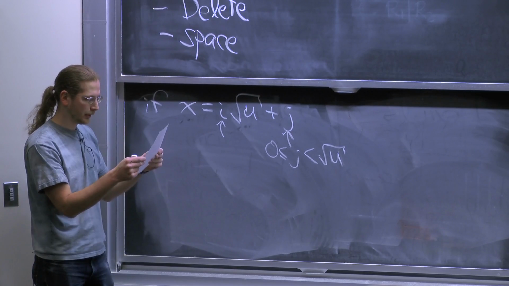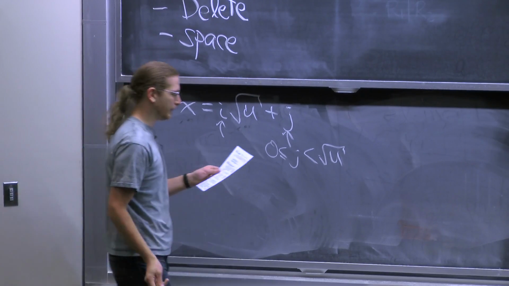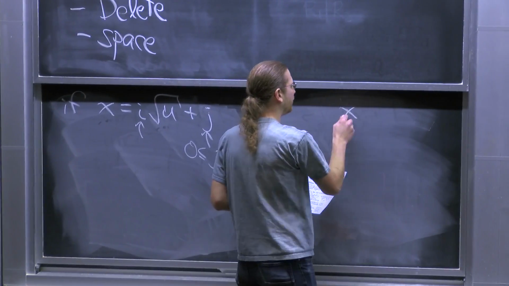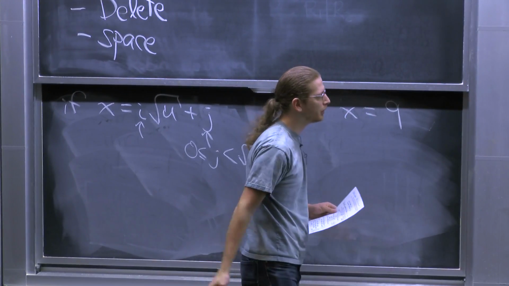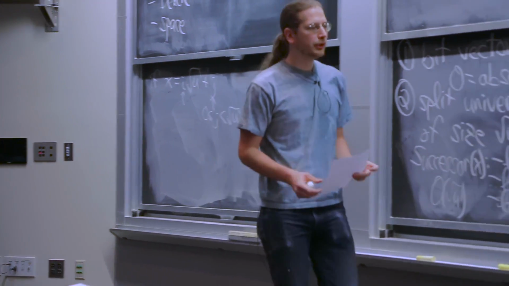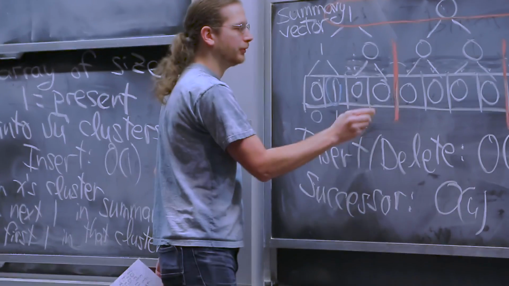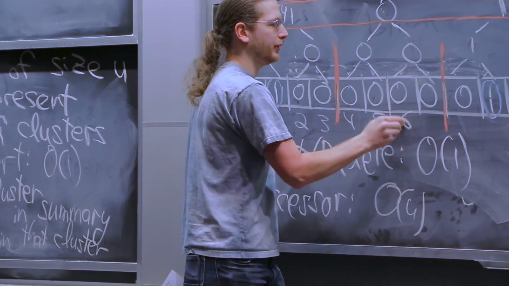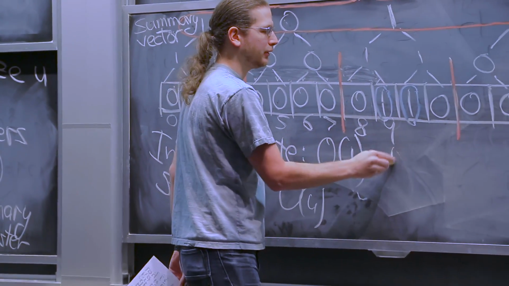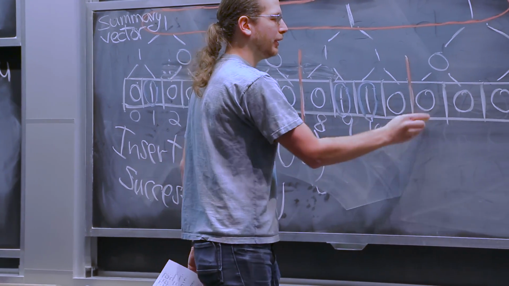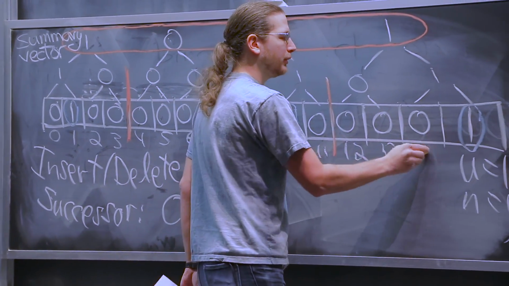So let's do an example, x equals 9. I didn't number them over here. This is x equals 0, 1, 2, 3, 4, 5, 6, 7, 8, 9. Here's the guy I'm interested in. 10, 11, 12, and so on.